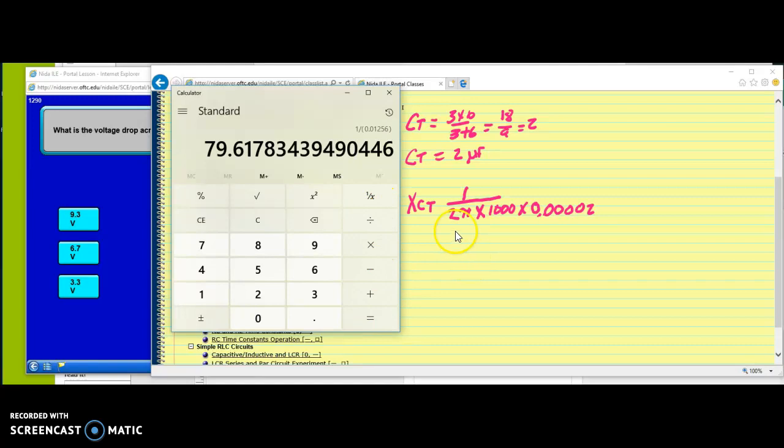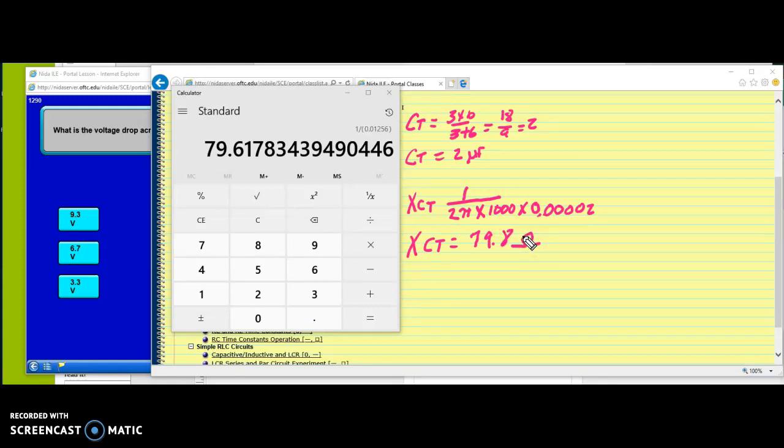So by doing that, we've arrived at an X sub CT here of 79 ohms. So let's write that down. X of CT equals 79 ohms.